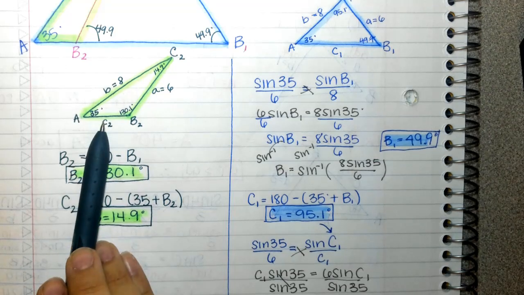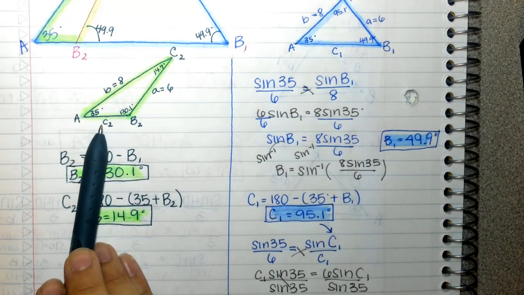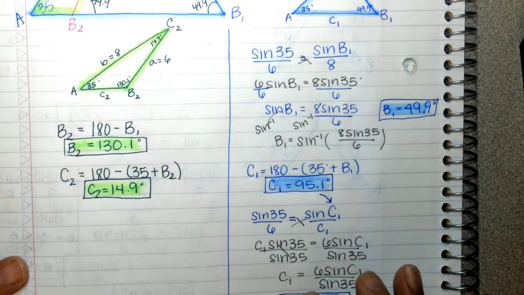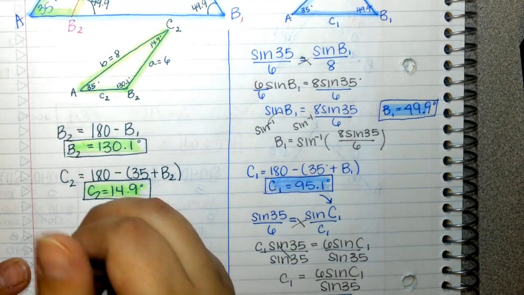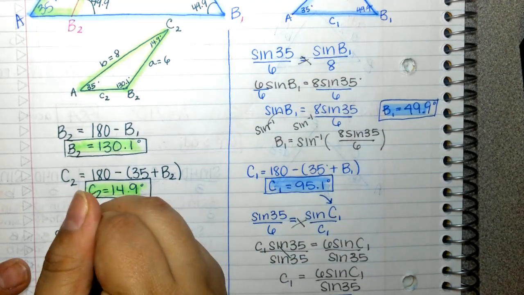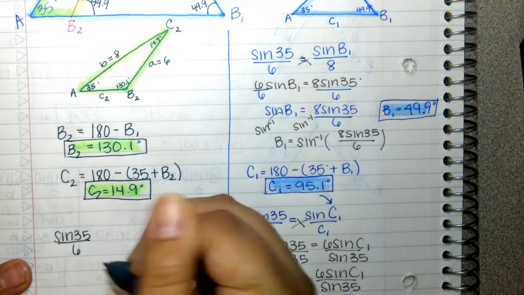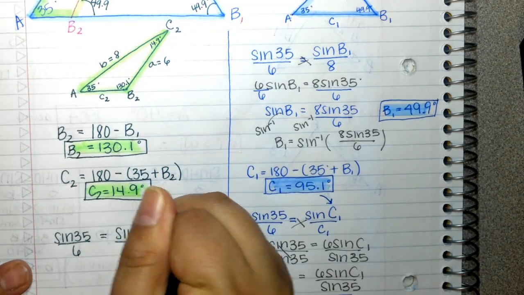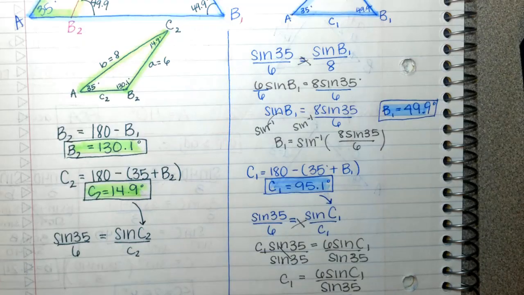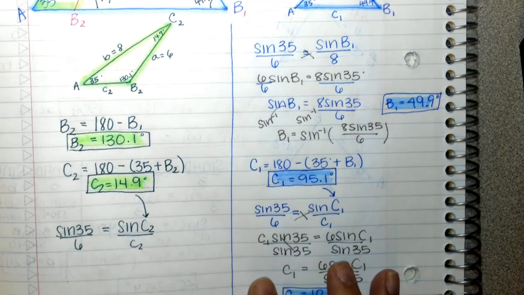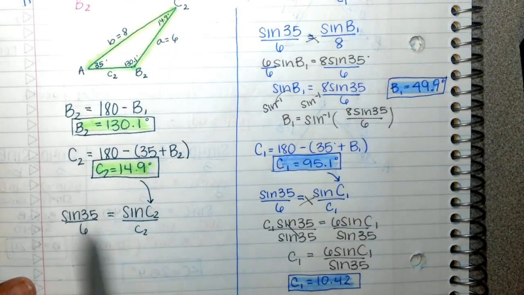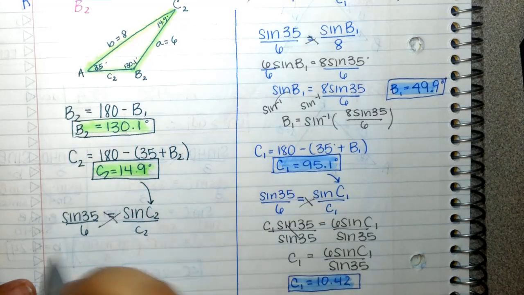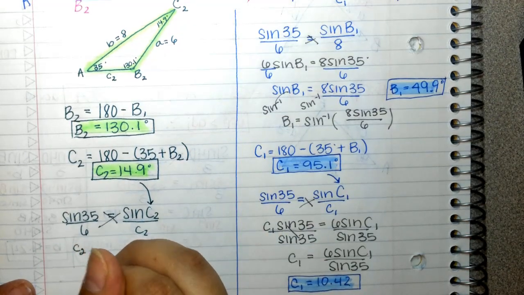The little c down here. How do we find the little c down here? Law of sines. So I'm going to do the sine of 35 over 6 equals... Cross, multiply, divide, give me your answer. Personally, I think this second triangle is pretty easy.